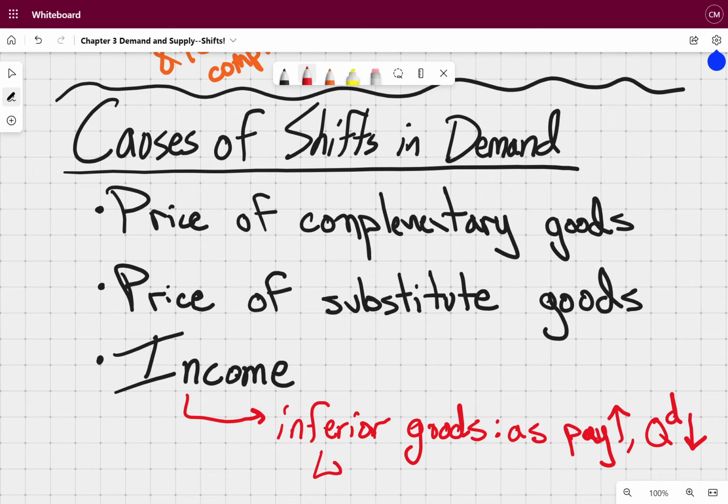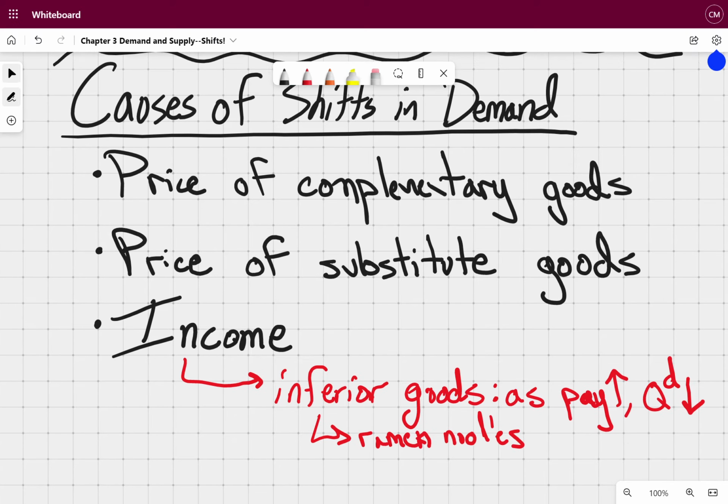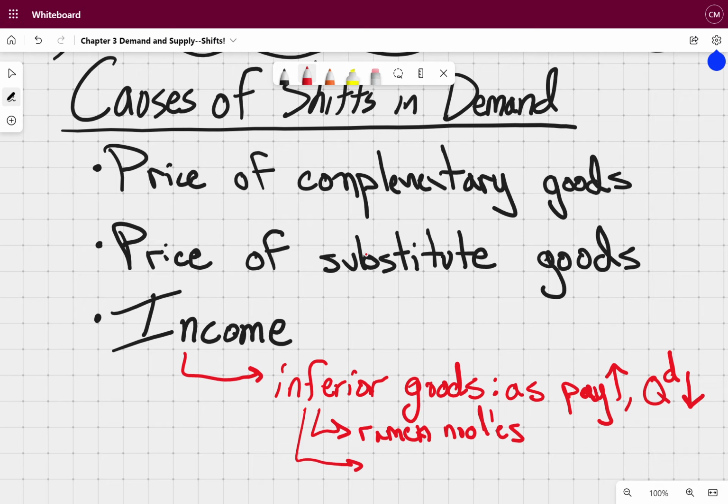So this would be ramen noodles, it would be bus passes, right? If you live in the city, once you get out of a certain income bracket, you no longer need to buy bus passes because you have purchased a car, right? Just generic kind of most things are inferior goods.